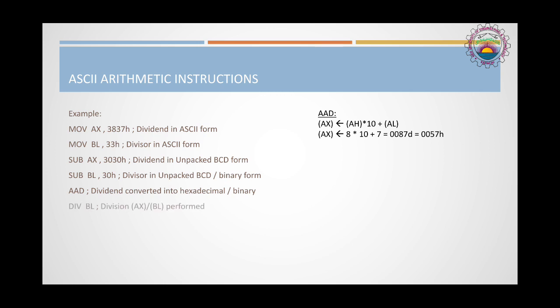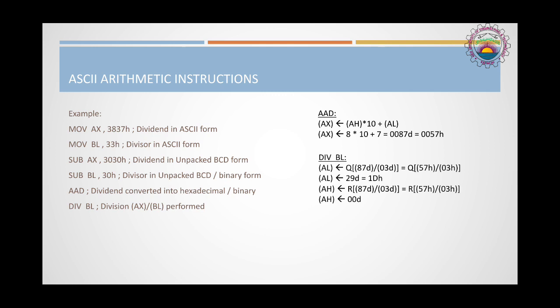Now we are going to divide AX by BL register. So DIV BL will be dividing AX by BL, and quotient of this division will be moving into AL, and remainder of this division will be going into AH register.